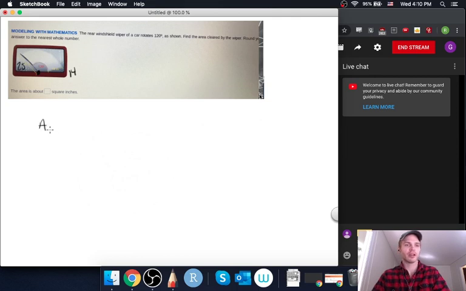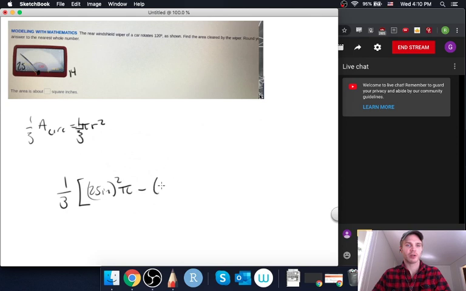So here we have the area of a circle equals pi r squared, and we want 1/3 of that because it's only going to stroke through 120 degrees. We're going to take the outer area minus the inner area. So this is going to be 25 inches squared times pi minus 14 inches squared times pi, and we'll divide that by 3.